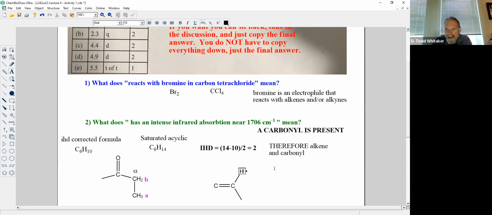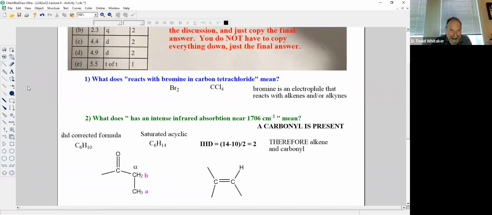Now, if you look a little more carefully at your table, it doesn't say this, but it's called a terminal alkene. And a terminal alkene is an alkene at the end of a chain. And I know there's a good chance this molecule has a terminal alkene because of this information for D. If you look on your table, terminal alkenes are a little closer to 5 right on the button.